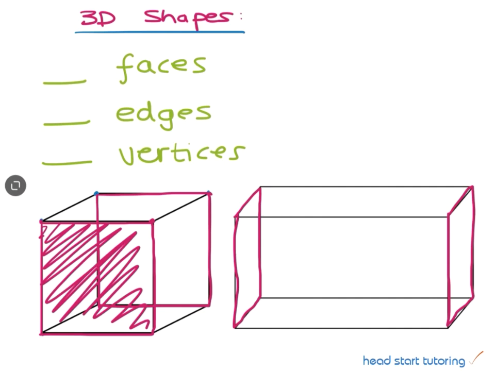Right, so let's first work with our cube, which has, if we want to count our faces first, we've got a front face over there, which we've already pointed out, and a back face. So we've got a front and a back. So that makes up 2 faces.